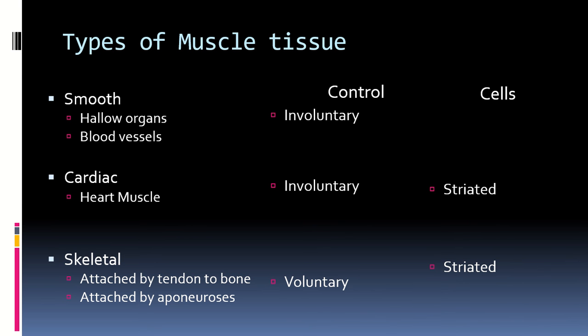And then striated. If you were taking an anatomy and physiology class and got to dissect parts of the muscle system, striations are lines going across the muscle that you would see with the naked eye.